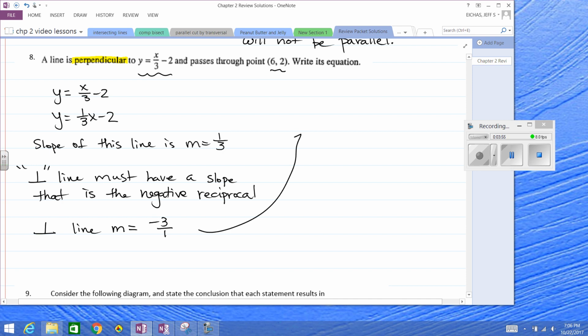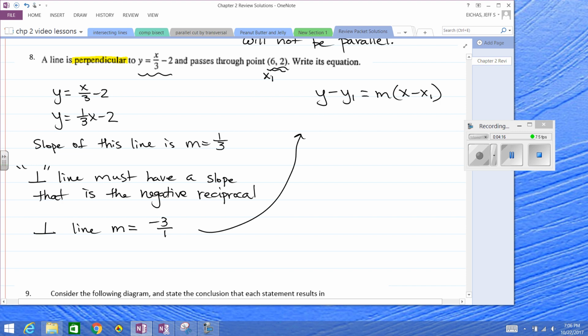Okay? Now we'll go over here and we'll write the equation using this point right here. I use point slope whenever I can, or the graph. Could have graphed this as well and try to run into the y-intercept, but this is just more efficient.